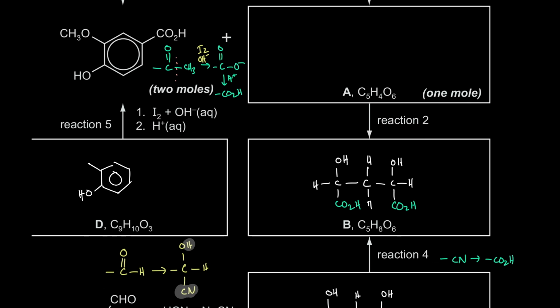Remember, the CH3O group can be considered to be unreactive, and this was a COCH3. So you can draw it like this, or you can write down the CH3 here. So this COCH3 became a carboxylic acid when we react with alkaline aqueous iodine and then we acidify it.